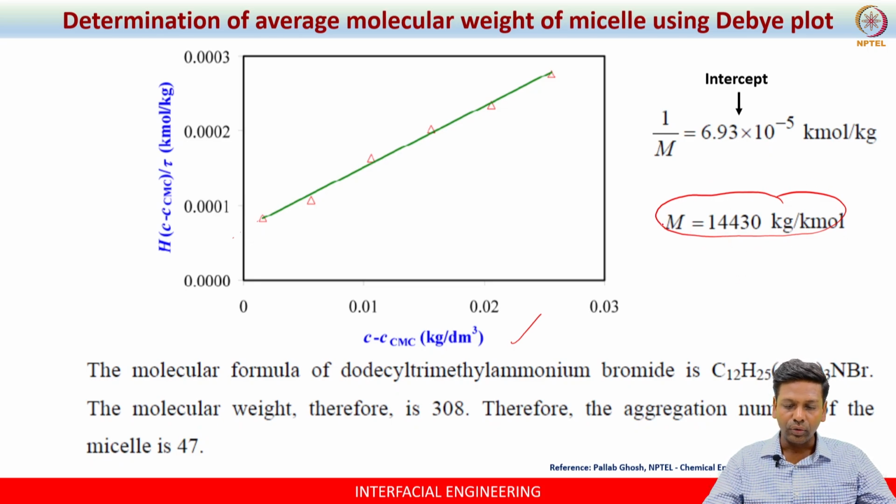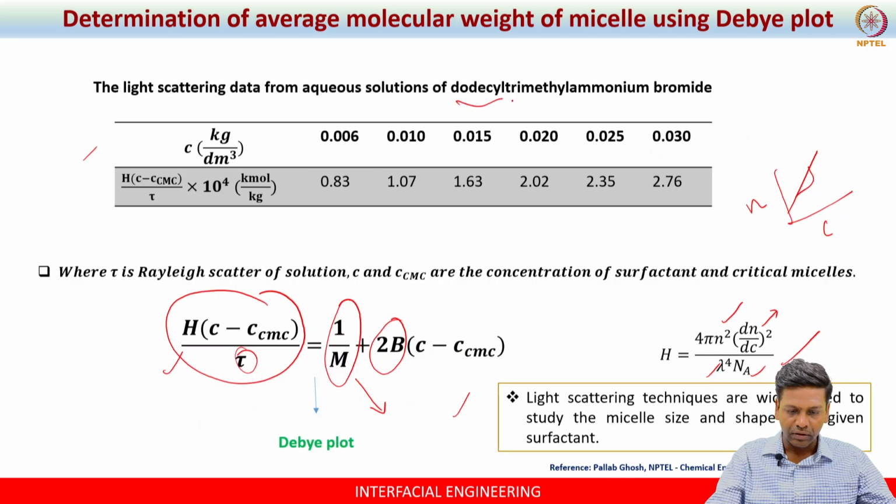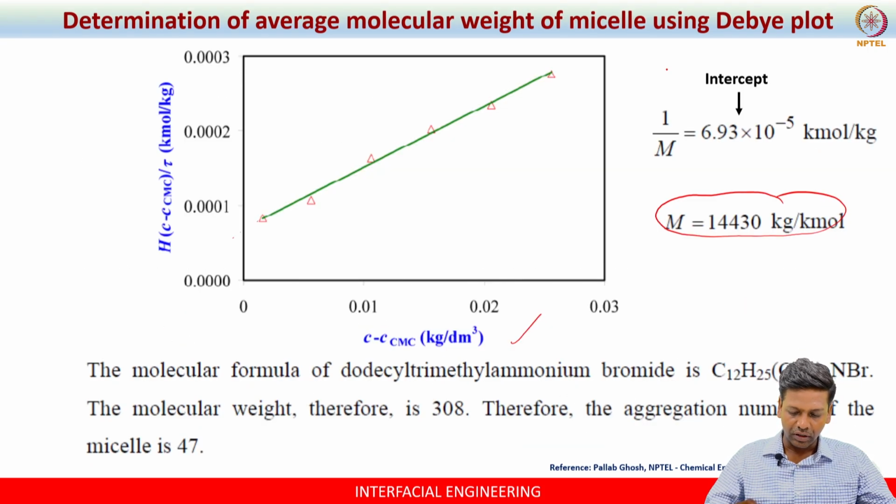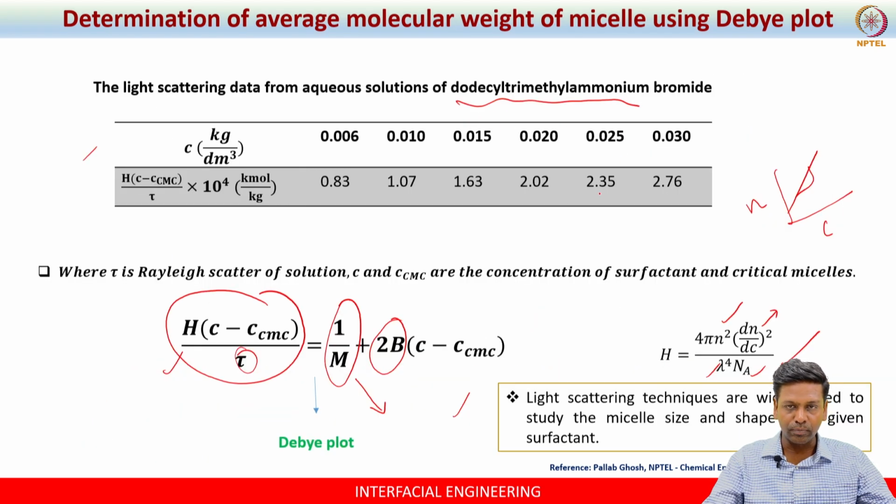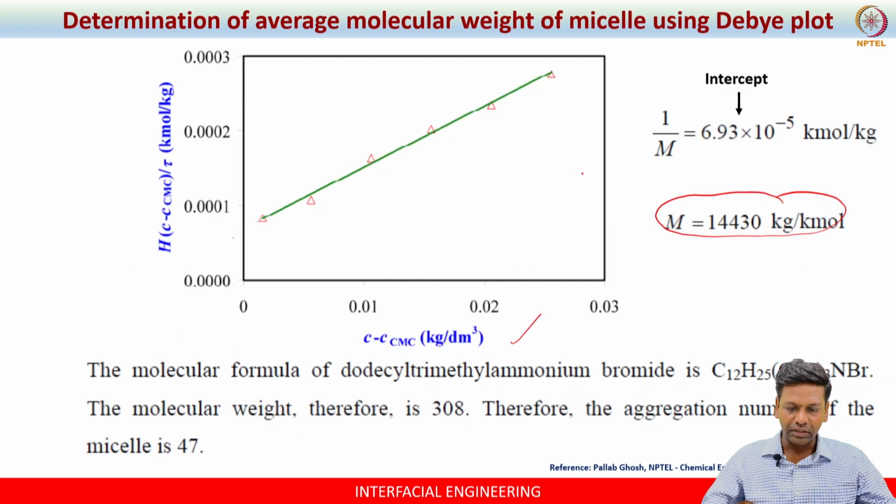When you divide this molecular weight with the molecular weight of the individual compound, that is the CTAB type surfactant which we have used and for which the data has been produced, which is nothing but 308, one would get the aggregation number.